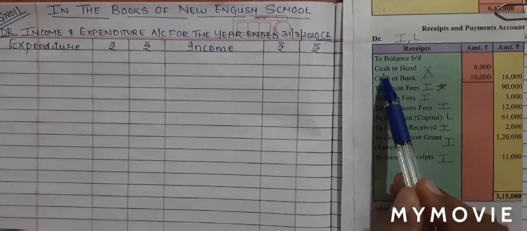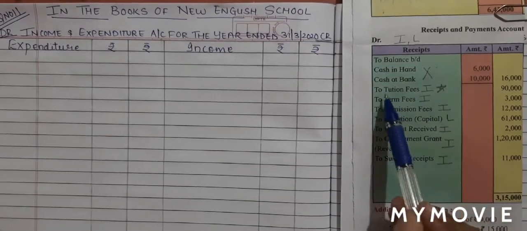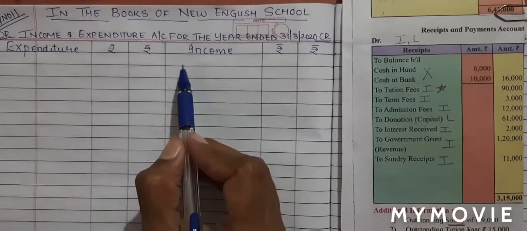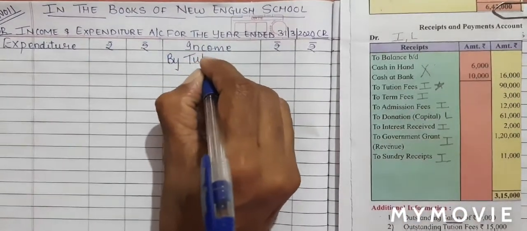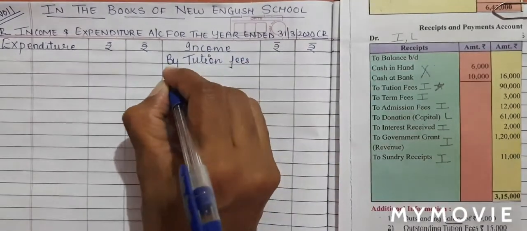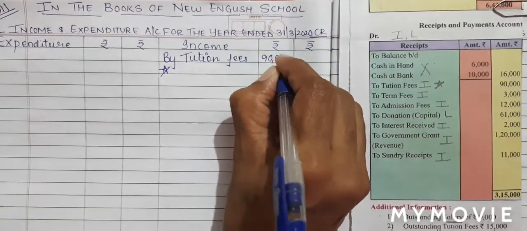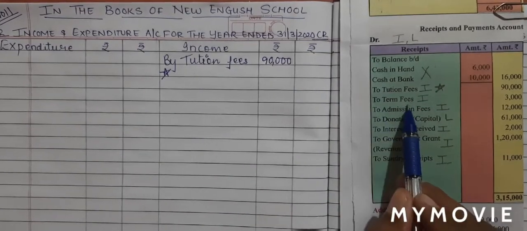We have two balance brought down, cash in hand and cash at bank. We do not consider these. Next is tuition fees. There is a star. So on the income side, I'll write by tuition fees. I will mark a star and write it in the inner column 90,000. Next is term fees.